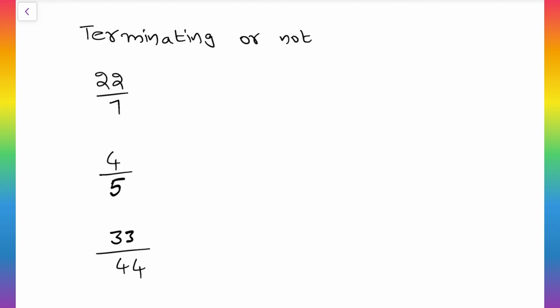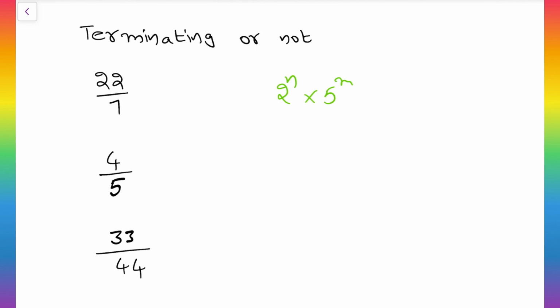If the denominator is in the form of 2 power n into 5 power m, then we can say that the p by q number, or else the rational number, has a terminating decimal. In case it is not in the form of 2 power n into 5 power m, then it has a non-terminating repeating type of decimal.